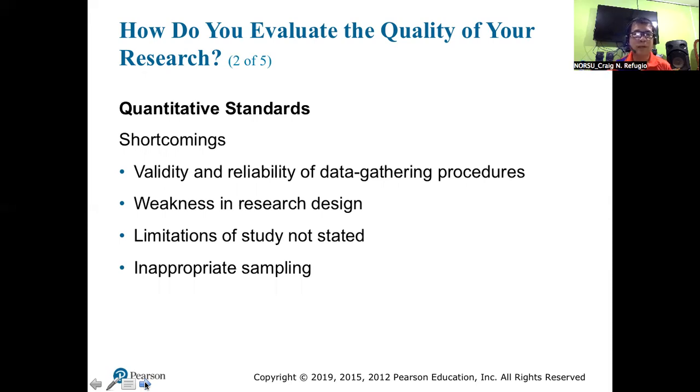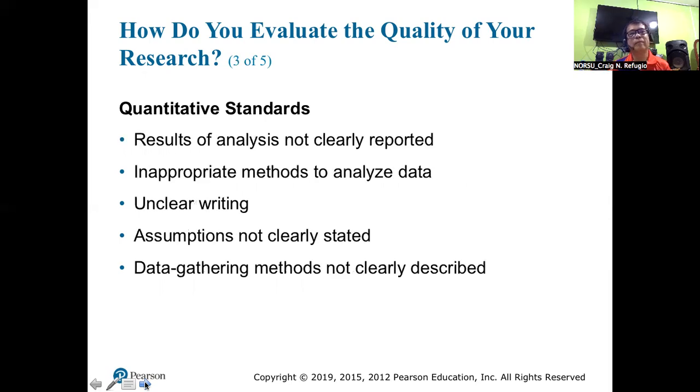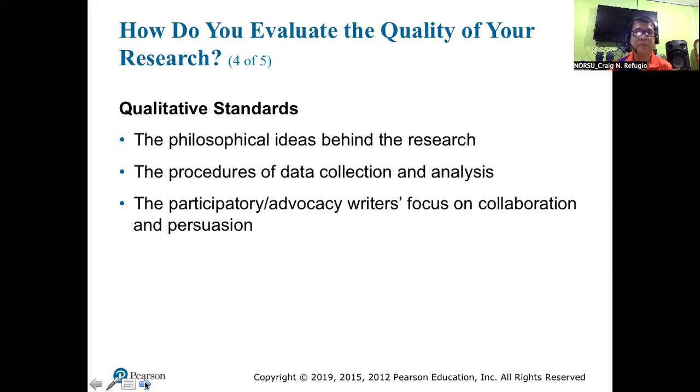Inappropriate use of sampling designs and even the inappropriate calculation of sample size. Results of analysis are not clearly reported, inappropriate methods to analyze data, unclear writing, that's very common, assumptions not clearly stated, data gathering methods not clearly described.